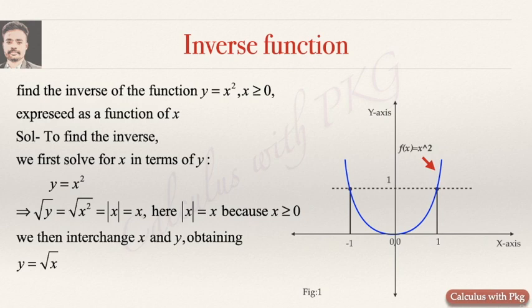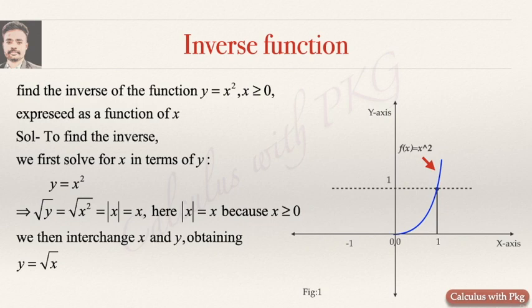Now if I put the restriction on the domain, that is x greater than or equal to 0, we can see from the graph that there is only one point corresponding to the output value 1 in the x-axis.